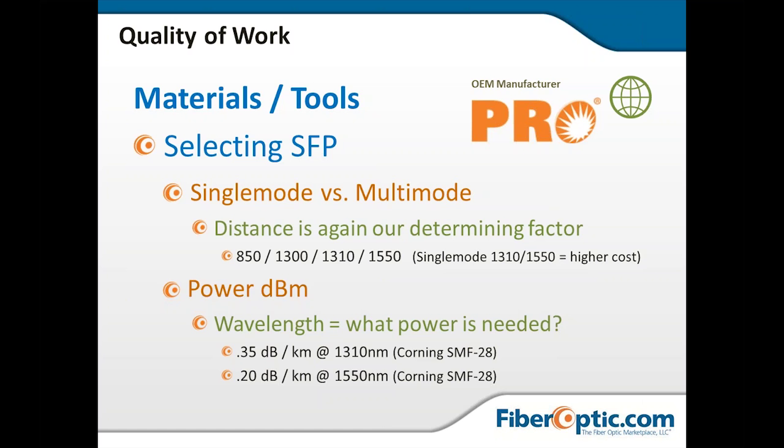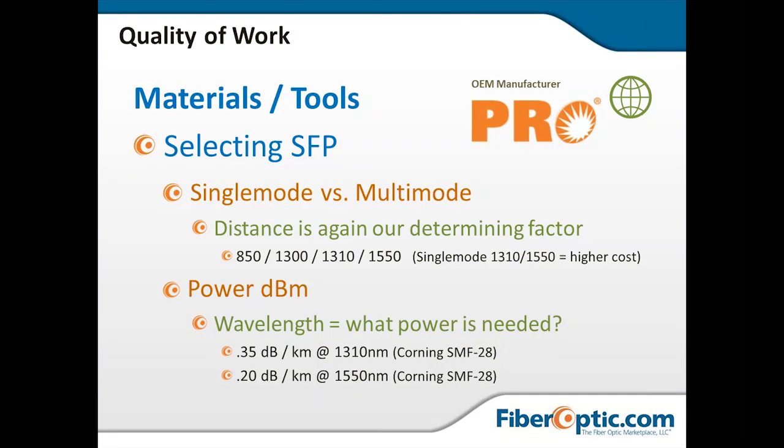So make sure that, one, you look at, I'm going to try to do a 50 micron OM3. Well, you need to make sure that you get the appropriate SFPs that are going to be multi-mode OM3, 10 gig or whatever it is, type of transceiver, to go along with your fiber. One of the other things that comes into play with the SFPs is the power. What is the output power of that small form factor pluggable?